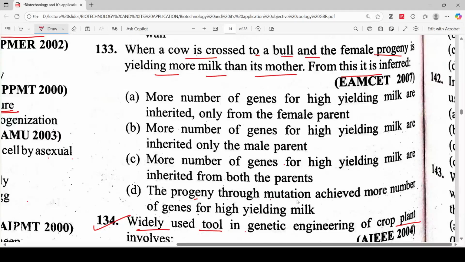The progeny through mutation achieved more number of genes for high yielding milk. So from these options you have to choose the correct answer. The correct answer is option C. More number of genes for high yielding milk are inherited from both parents.